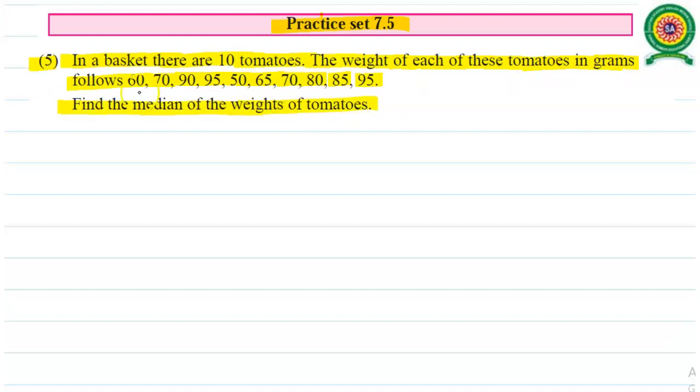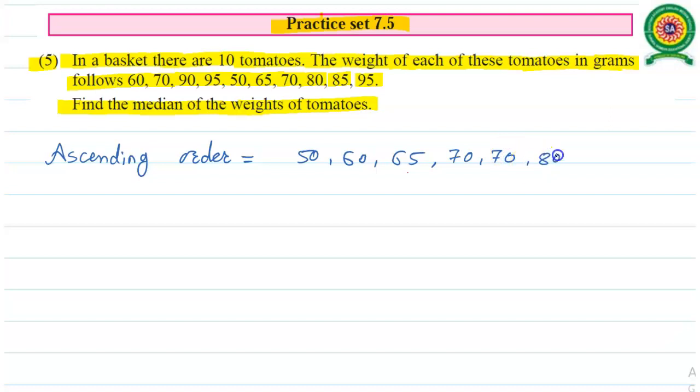So we have been given discrete data here, that means individual observations only. So let us arrange the given observations in ascending order. In ascending order we have 50, 60, then 65, then 70 2 times. After that we have 80, then 85, then 90, then 95 2 times.